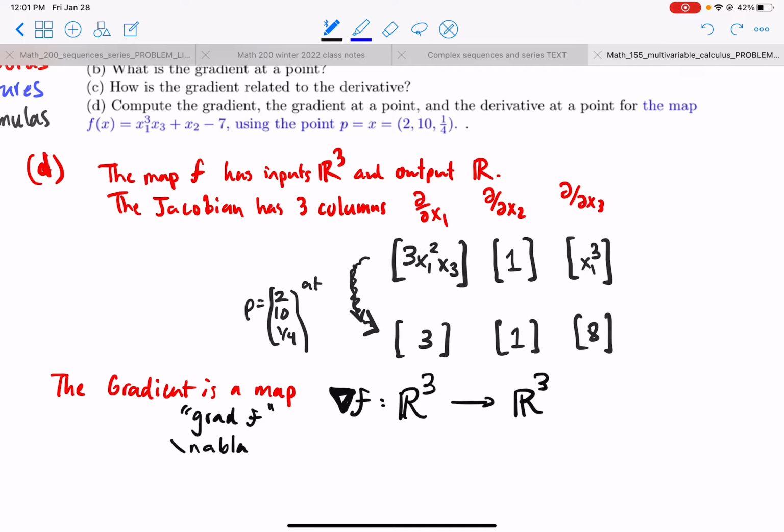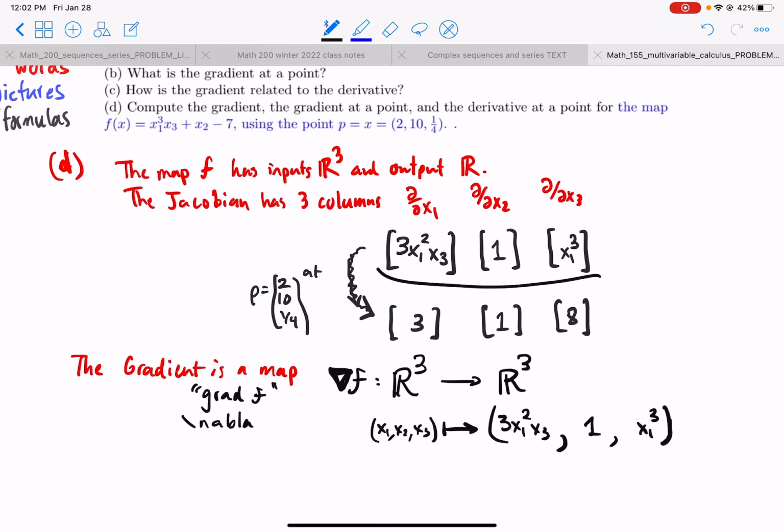It sends the point x1, x2, x3 to the point (3x1 squared x3, 1, x1 to the third). In other words, it just gives you the one row Jacobian. This Jacobian has 3 columns and 1 row, okay, when we put it together.